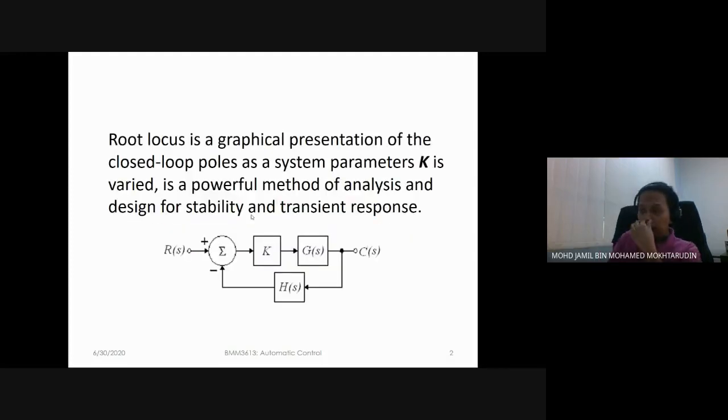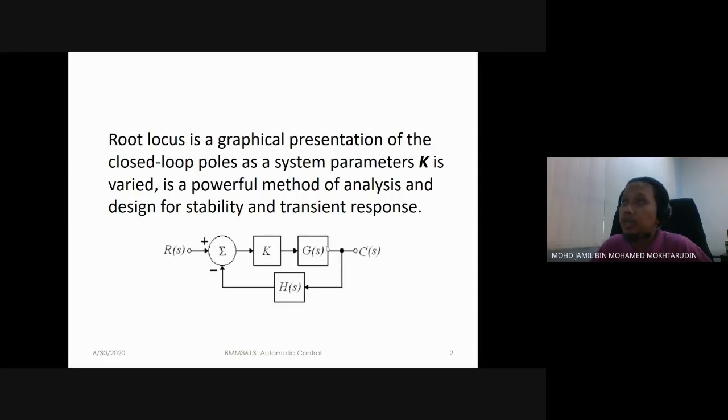Root locus is a graphical presentation of the closed loop poles as a system parameter k is varied. It's a powerful method of analysis and design for stability and transient response. So basically, you have k here. In the Routh-Hurwitz criteria, you simplify the block diagram, and then you determine the denominator, and after that you use the Routh-Hurwitz table to determine system stability.